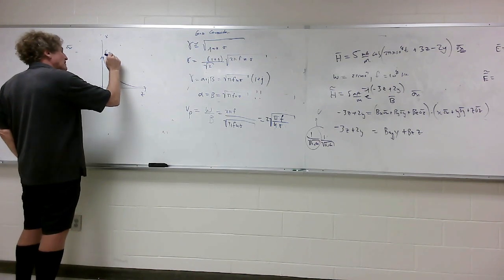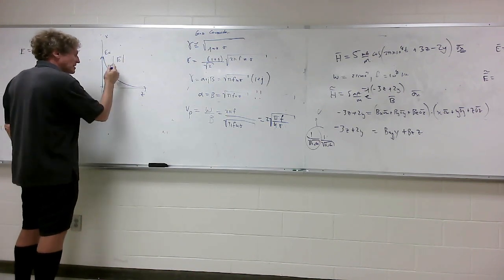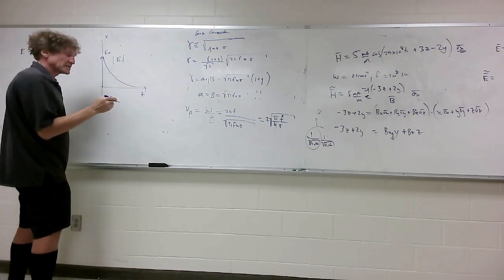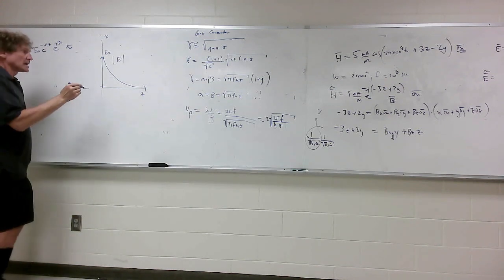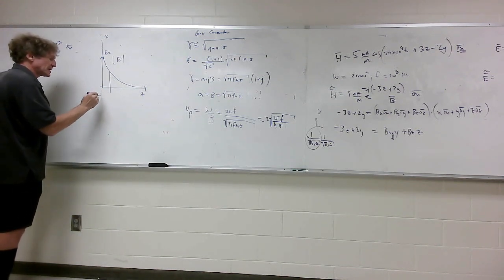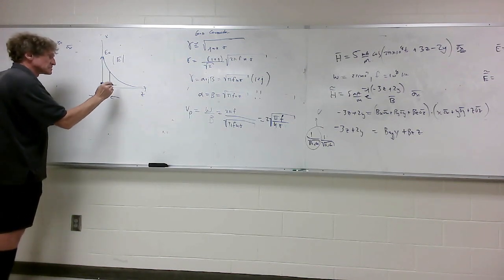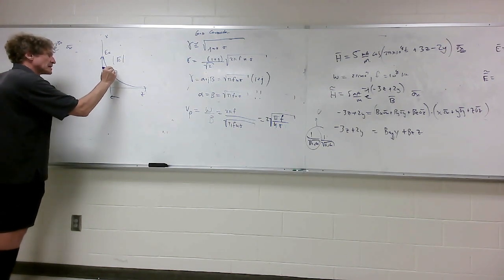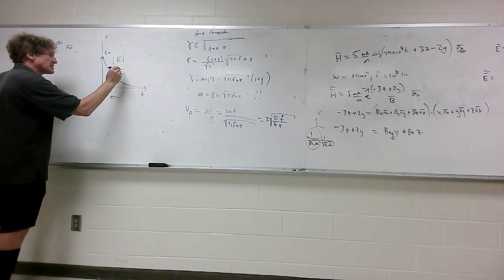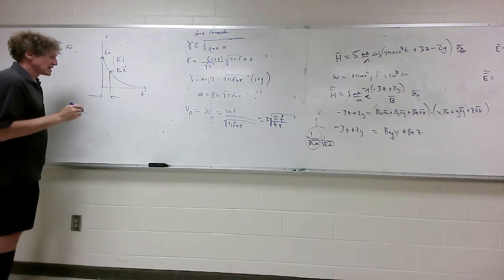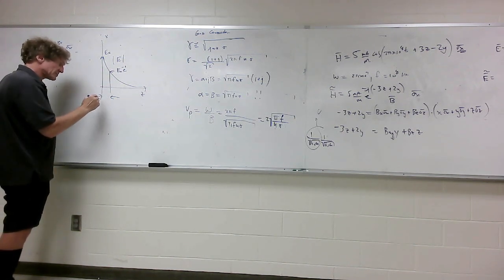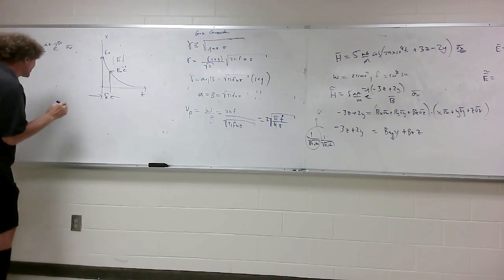If you plot magnitude of the E field versus depth, it's going to decay very quickly. And if you come to the point right here where the magnitude of the E field is equal to E naught e to the minus 1, this distance right here is associated with the skin depth.